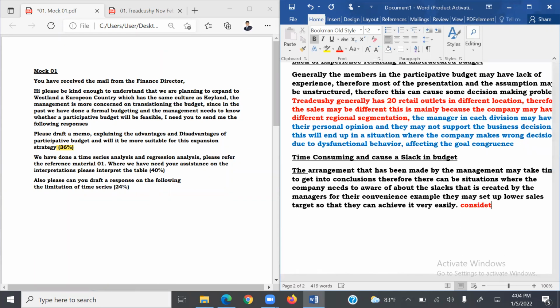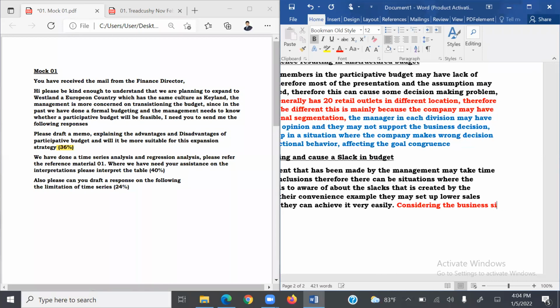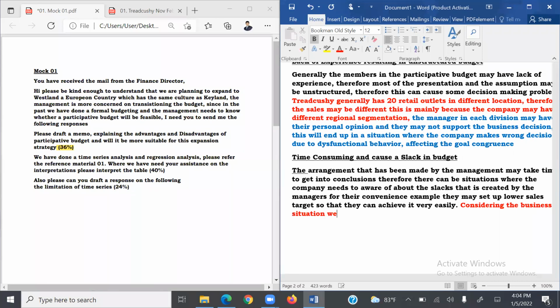Considering the business situation, we need to understand that in this case it is possible for a slack.